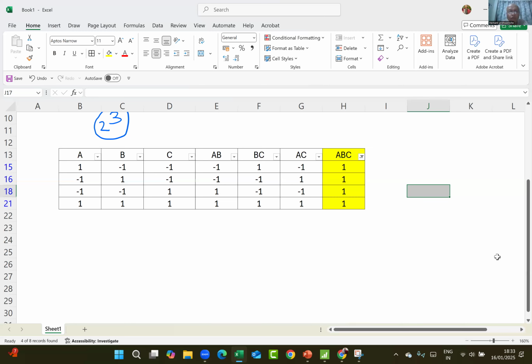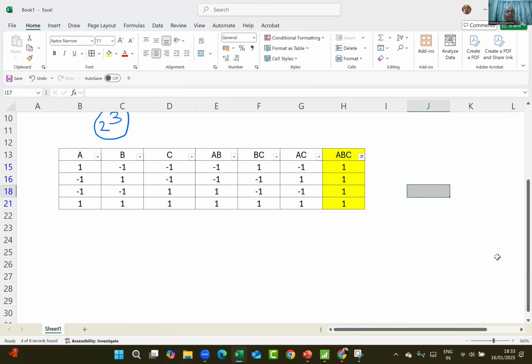Now, if you want to calculate the effect of ABC from this design, you can see that since you selected only ABC equal to plus 1, the number of runs, or the number of treatments, has reduced from 8 to 4. That is, we have reduced from full factorial to a half fractional design.